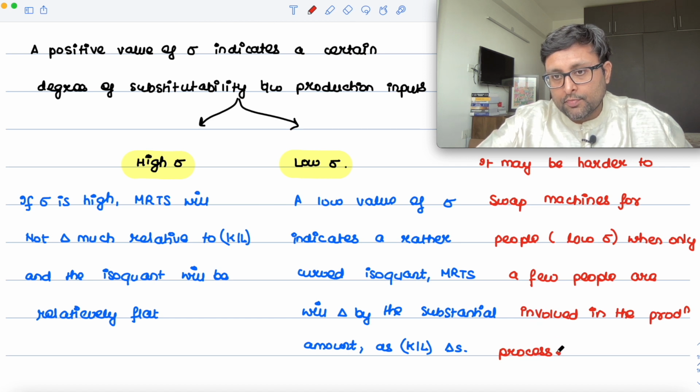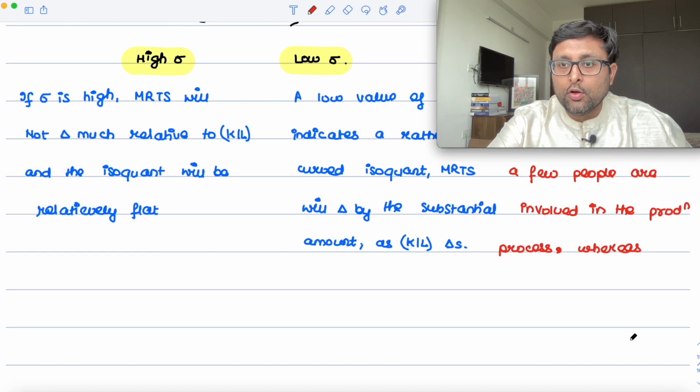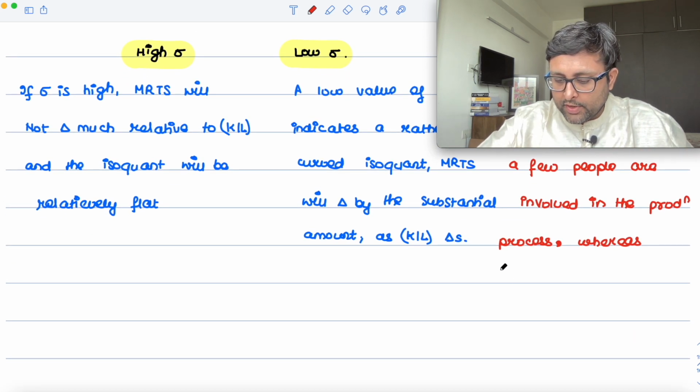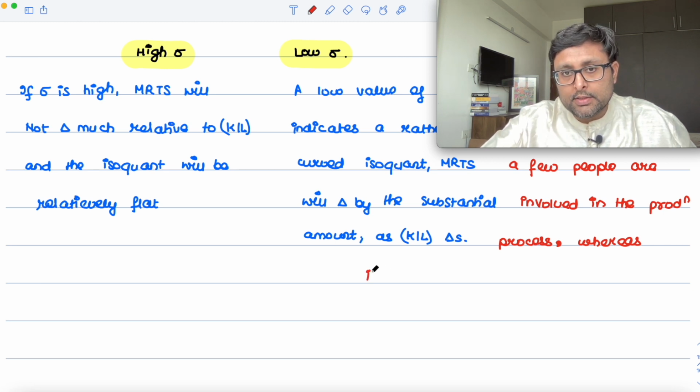It means you can substitute machines easily in place of people, so your sigma is higher.